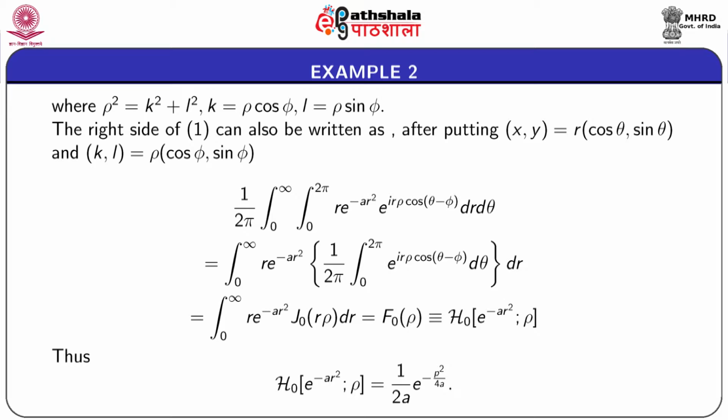So, this is equal to integral from 0 to infinity r e to the power minus a r square J naught(rho r) dr, which is the Hankel transform of the function e to the power minus a r square, and that is equal to capital F naught(rho). Thus, we have found the Hankel transform of e to the power minus a r square as 1 by 2a e to the power minus rho square by 4a.